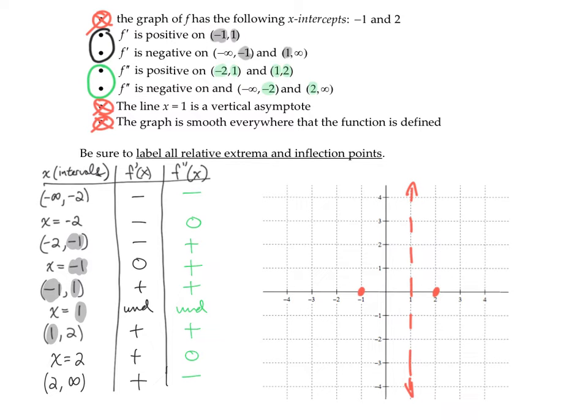And then in the second derivative, we have all of these numbers. We've got -2 in our interval here, -2, -2, +1, +1, +1, 2, 2, and 2. All right.